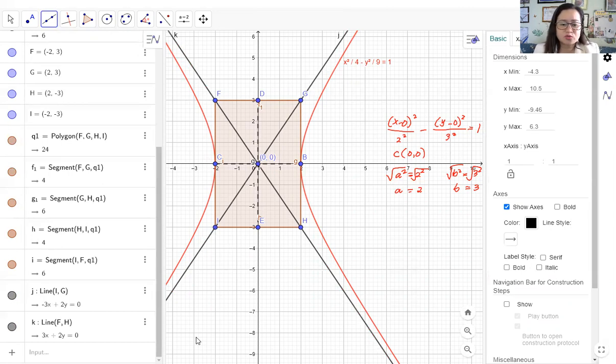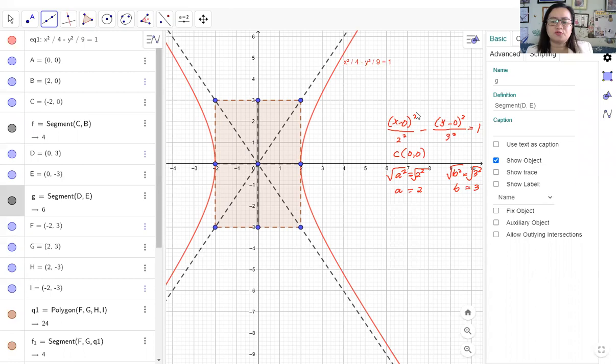Now we're down to determining the focus of the given hyperbola. In order to get the coordinates of the focus, we're going to get the value of c. We know that c is equal to the square root of a squared plus b squared.